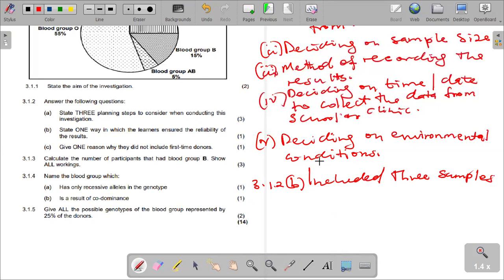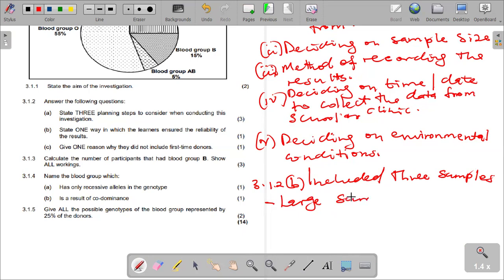We are also saying they used 200 donors per clinic, which is something like 600 donors in total. So having a large sample size is another point that can be given there.